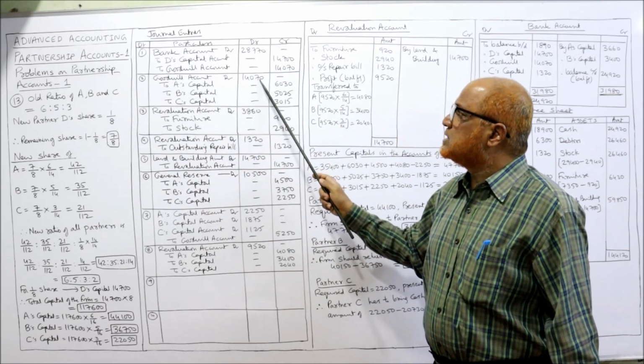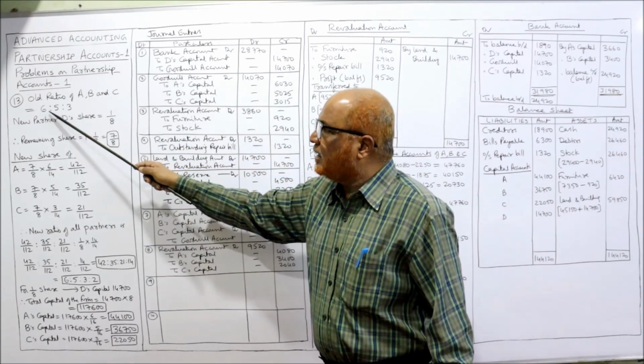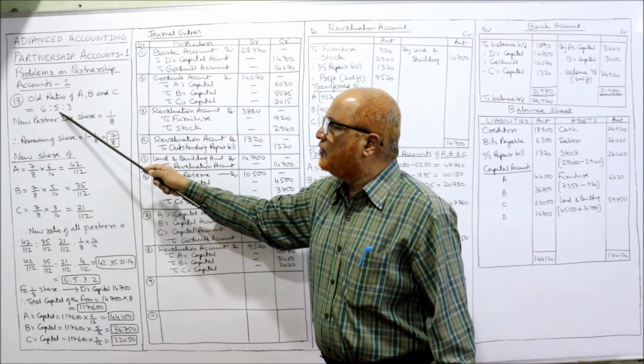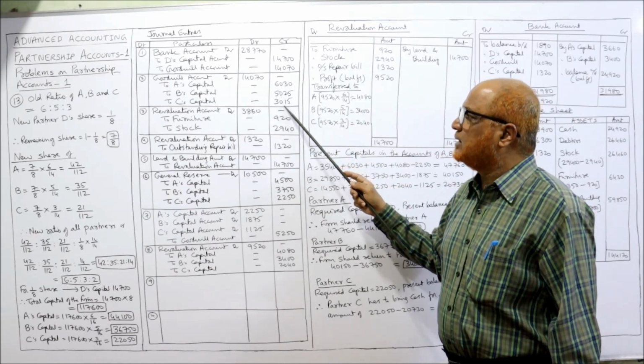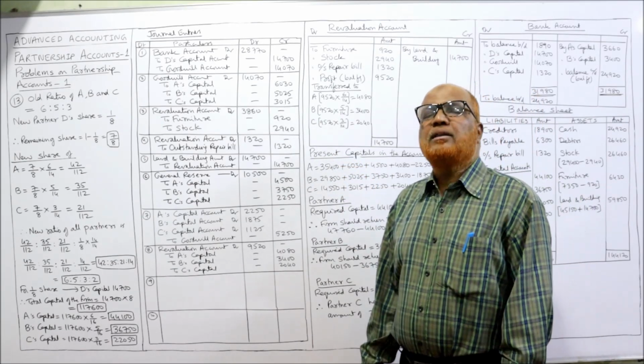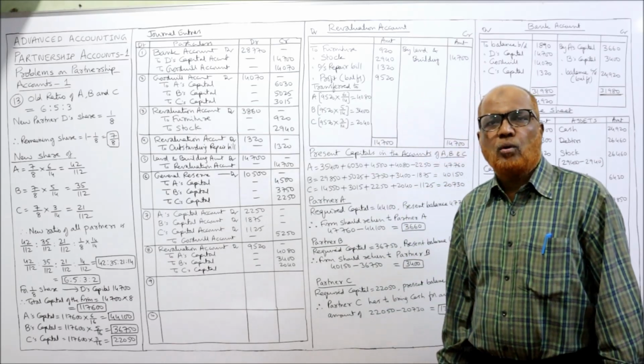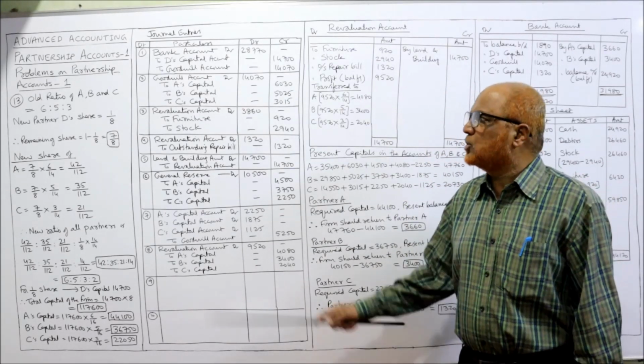So 14,070 into 6 by 14, 5 by 14, 3 by 14, we will get 6,030, 5,025, 3,015. Being the goodwill shared by old partners in old ratio.